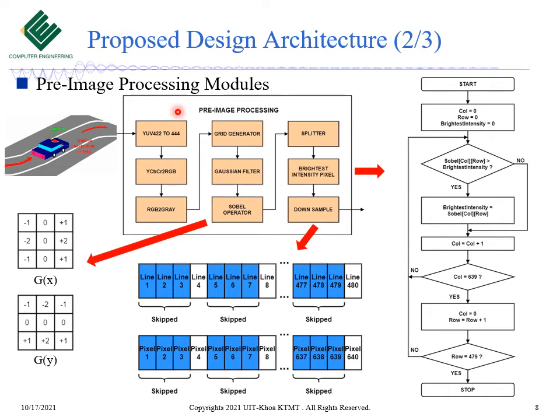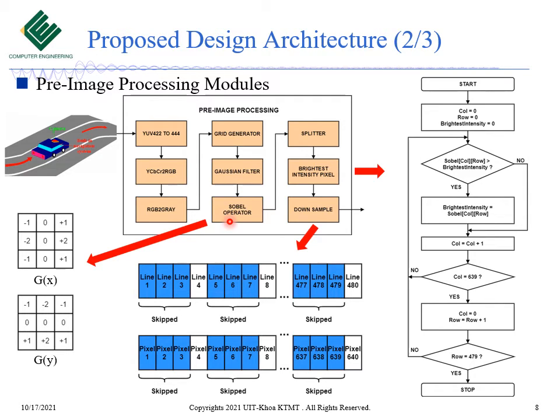So here is the pre-image processing module. In the pre-image processing module, first the information from the cameras, and then they change the format of the visual information. They change to red, green, blue colors, and then turn to gray colors, and we put it to the Gaussian filter to reduce the noise.